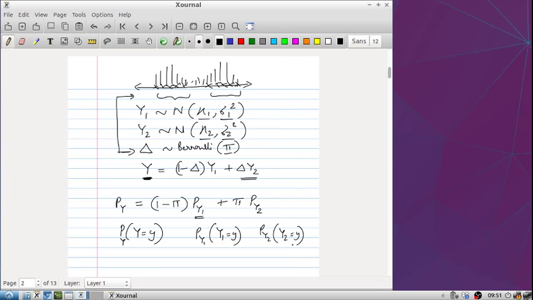I'm just using a short form to say that the density function of y happens to be related to the density functions that we know of the other random variables. Just like y is equal to 1 minus delta times y1 plus delta times y2, it turns out that the density function of y, that the random variable y takes a value little y, is just 1 minus pi times the probability that y1 takes a value little y, plus pi times the probability that y2 takes a value little y. It turns out that this is the case.